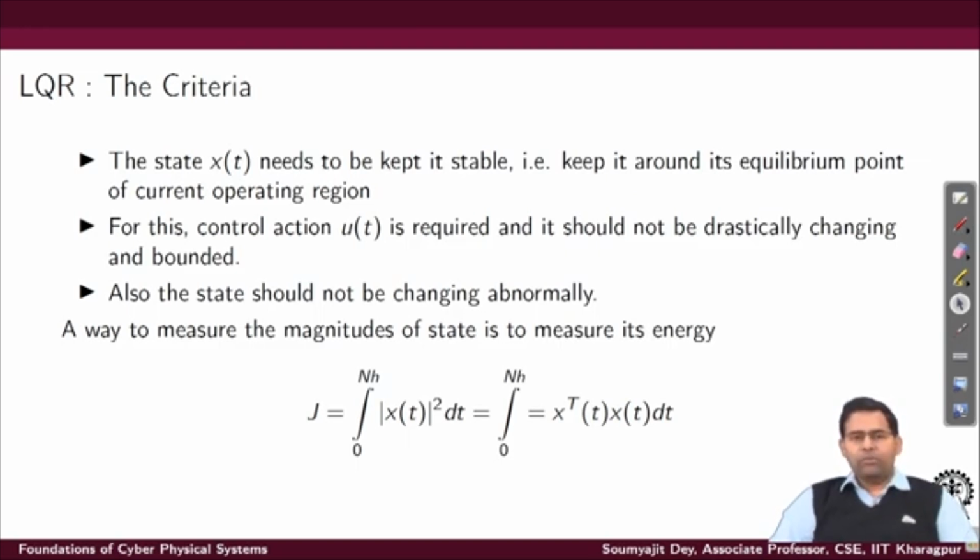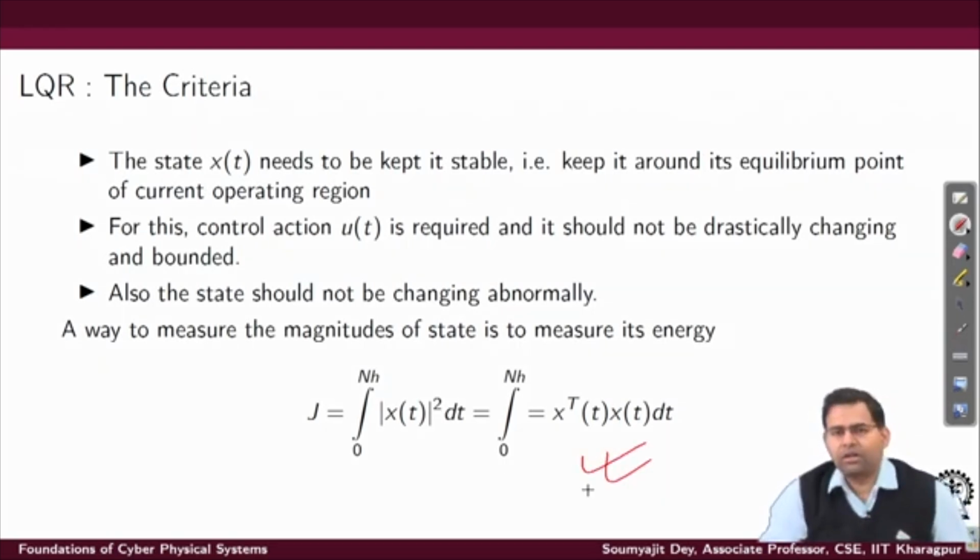So, the way to encapsulate these ideas in a nice cost function can be as follows. You have something like this, which captures the value of this state: is it deviating too much? If it is deviating too much, then the value will be high, or too low in a negative sense.